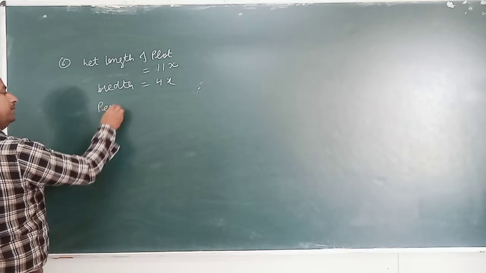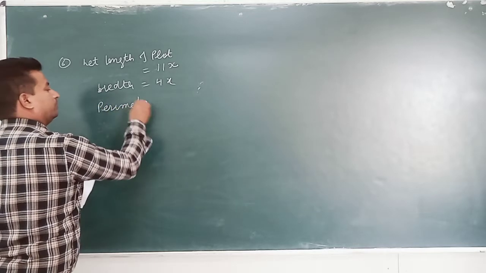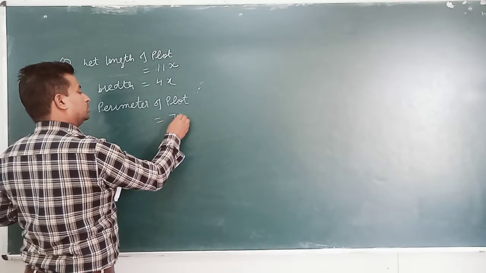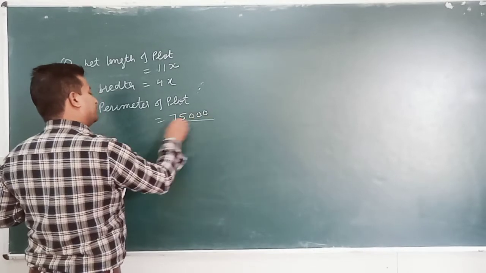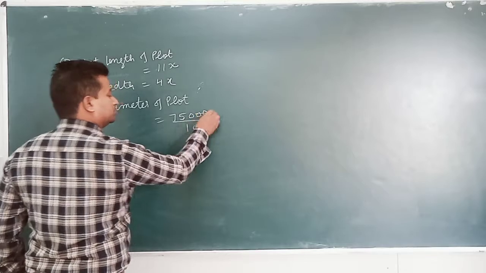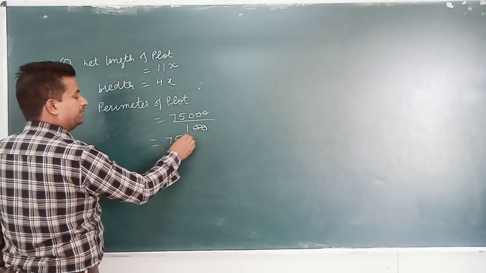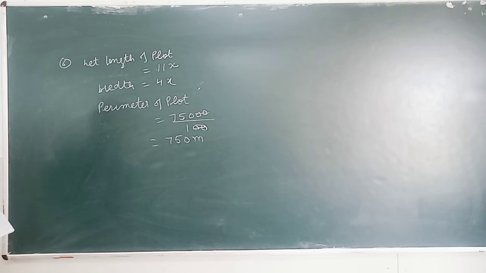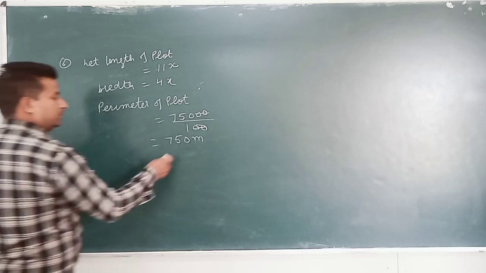We find the perimeter of the plot. Perimeter of the plot is the total cost to fence the plot divided by the cost of 1 meter. So the perimeter of the plot is 750 meters.